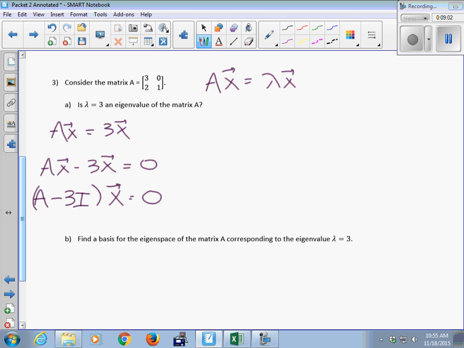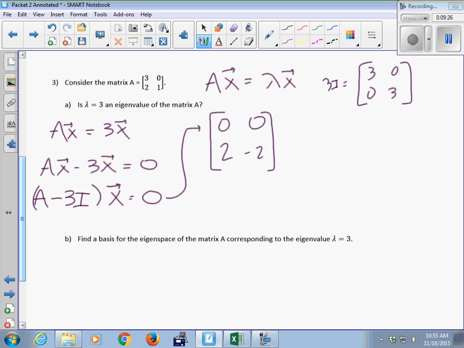I can do that. So A minus 3I, so 3I would be 3, 0, 0, 3. So I'm going to do A minus that. So I'm going to get 0, 0. 2 minus 0 is 2. 1 minus 3 is -2.